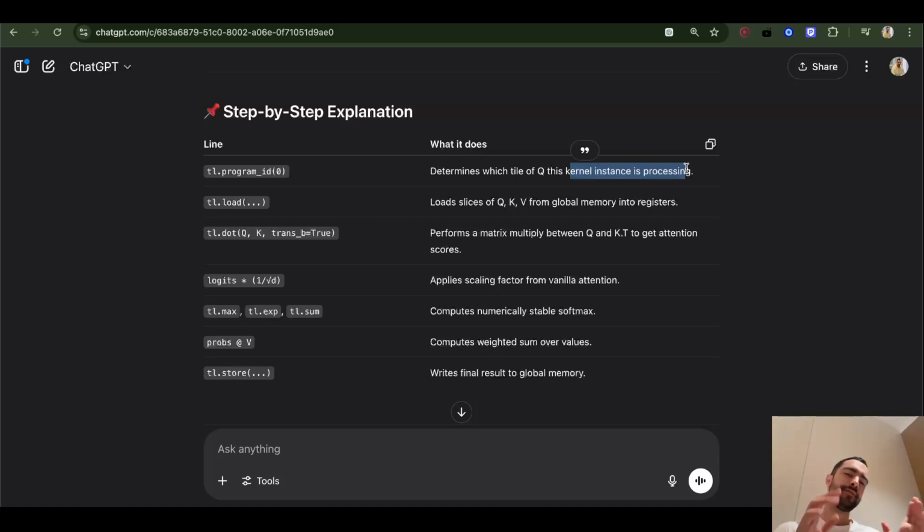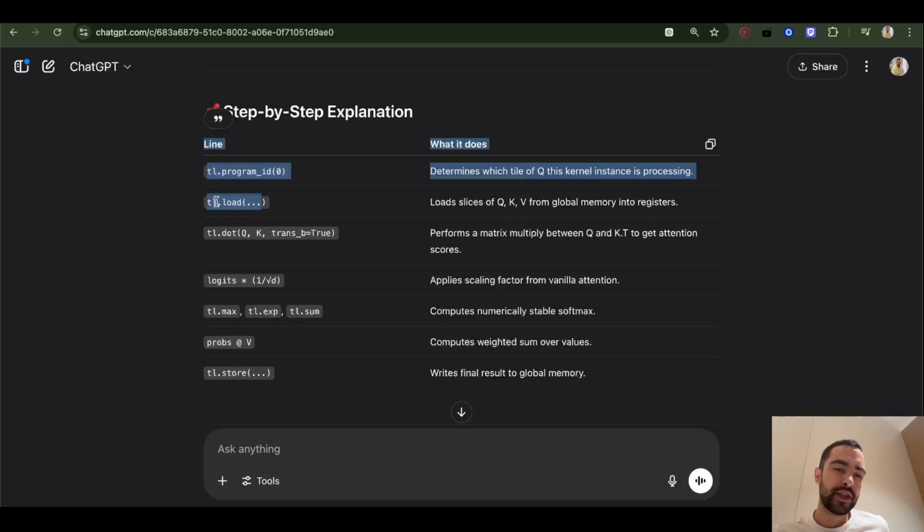As I said, we are loading by tiles, by chunks, so we reduce the memory bottleneck and just have more computation, but since we already have a lot more computation than memory, we will just use more computation. Then tl.load loads slices of query, key, value from global memory into registers.